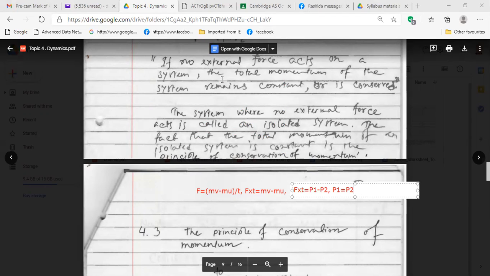So this statement, if no external forces act on a system, the total momentum of the system remains constant or is conserved. This equation is matching with this statement. Total momentum remains constant, it means this momentum and this momentum are equal, right?